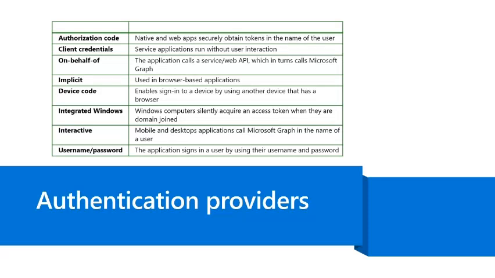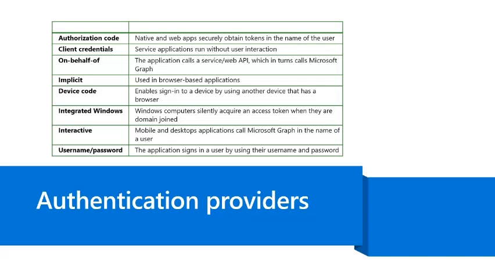So here you see authorization code, which is the authorization code flow that enables native and web apps to securely obtain tokens in the name of the user. Then you have client credential. The client credential flow enables service applications to run without user interaction.